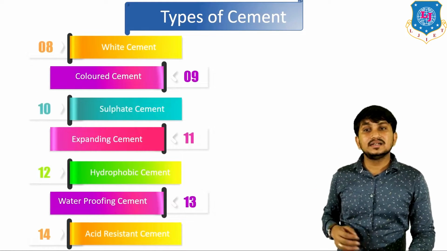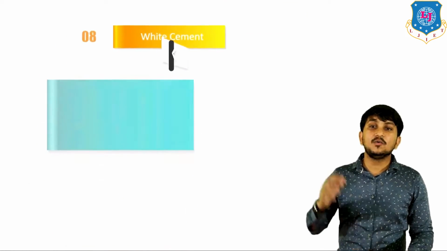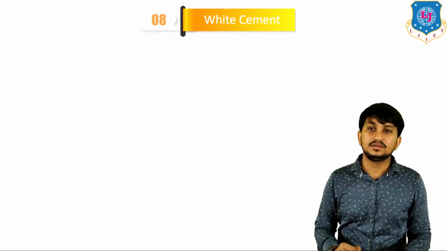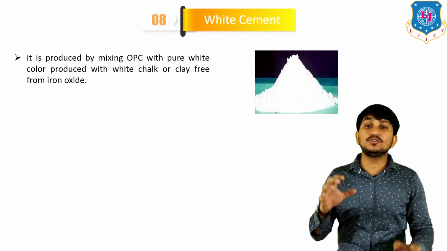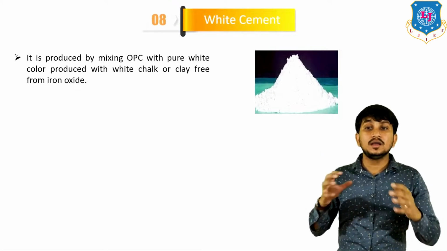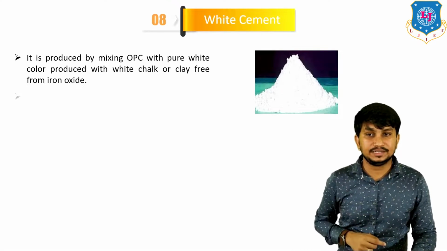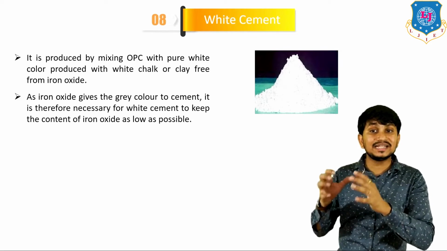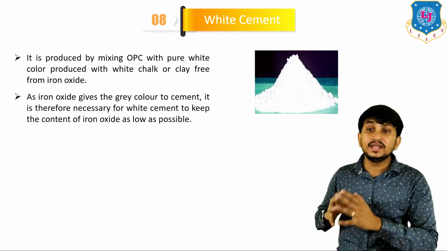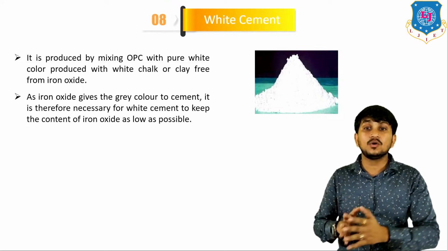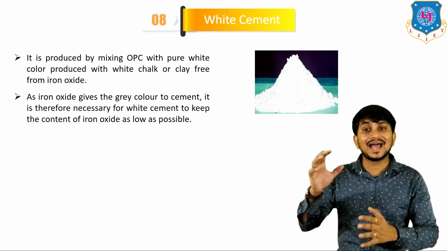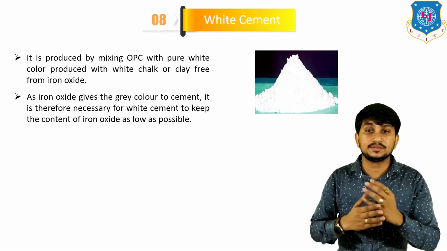Now let's discuss the eighth type of cement, which is white cement. It is produced by mixing OPC with pure white color produced with white chalk or clay, free from iron oxide. As iron oxide gives grey color to the cement, it is necessary for white cement to keep the content of iron oxide as low as possible.